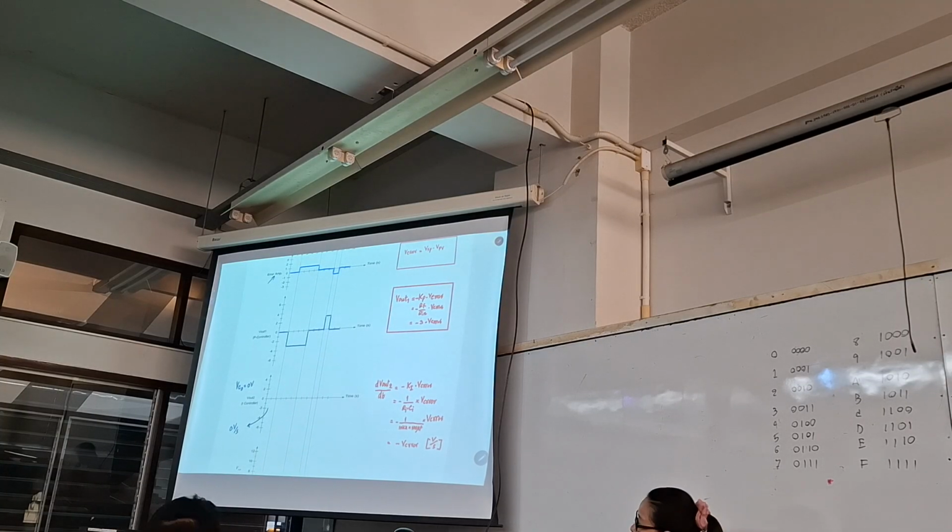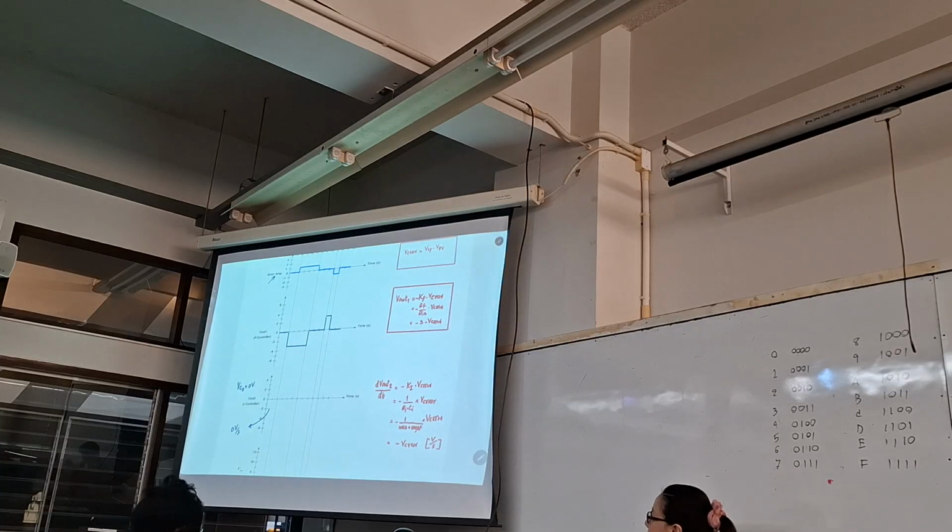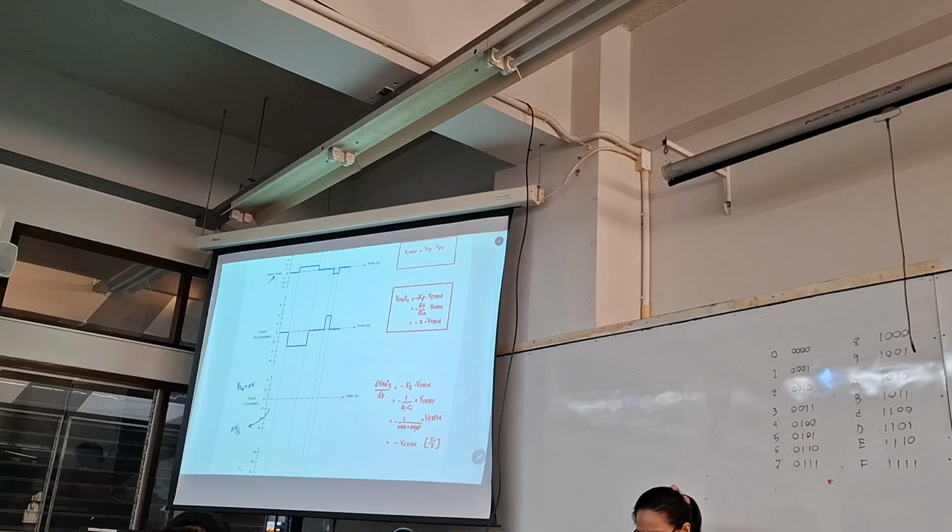What is the meaning of 0 volt per second? It doesn't mean that you will get 0, but it means that there will be no change. So if the starting point is 1 volt, you will still have 1 volt. If the starting point is 0 volt, you will have 0 volt.